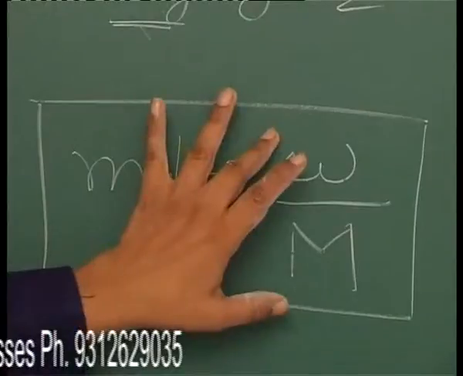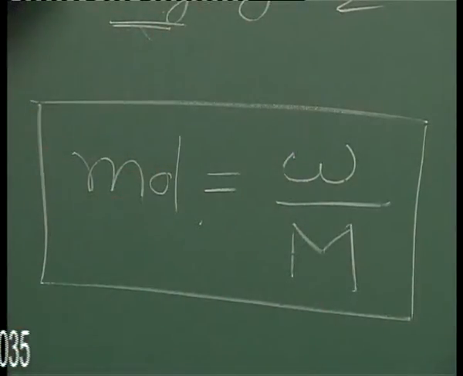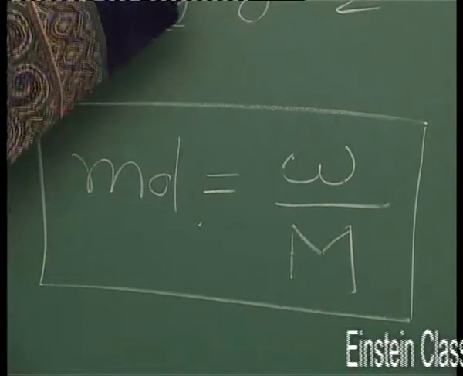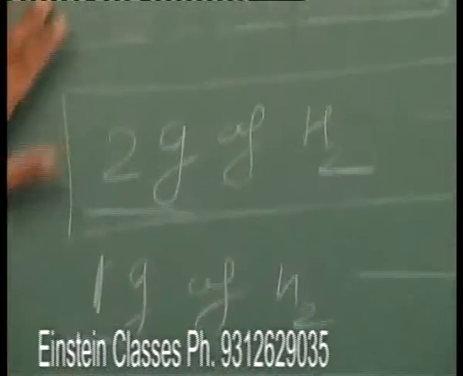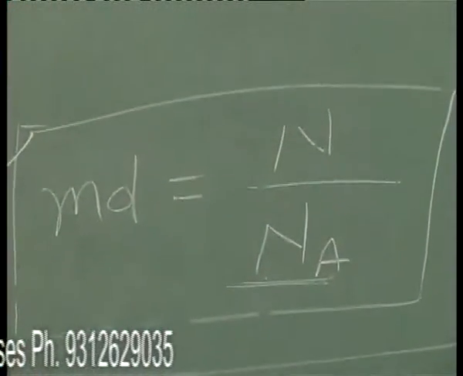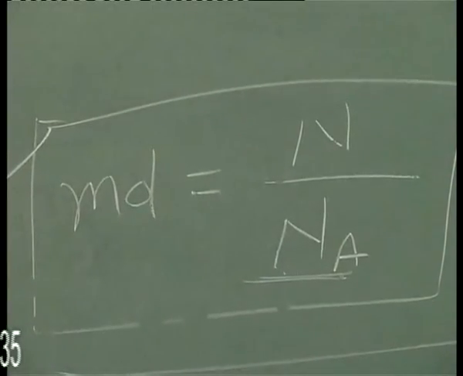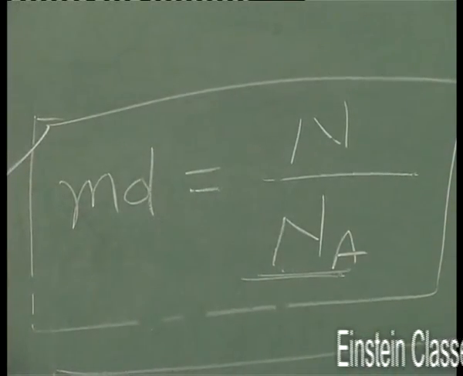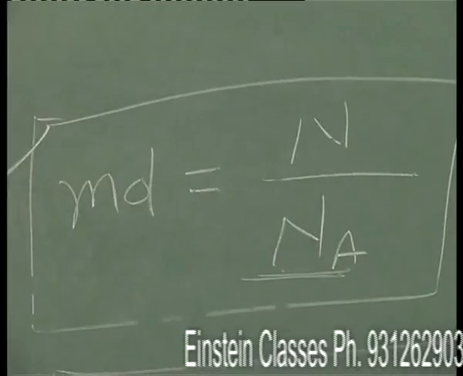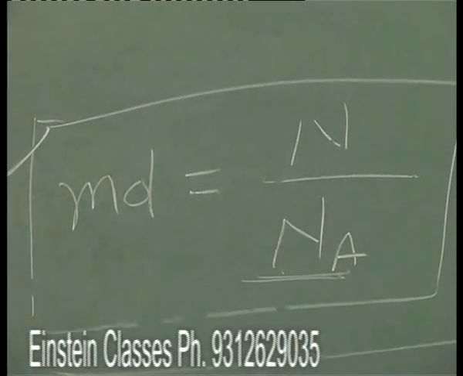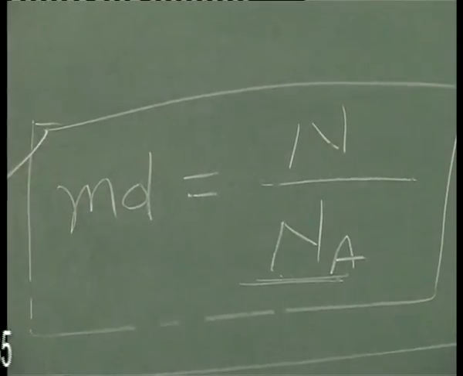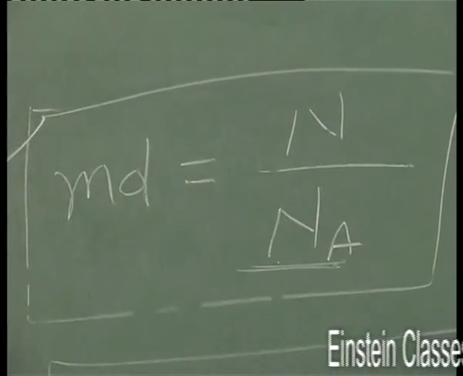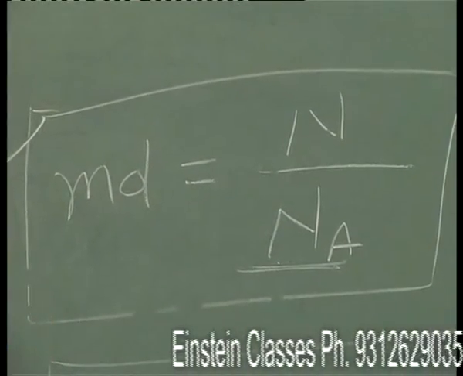Mole is equal to given mass by molar mass, and similarly mole is equal to given number of atoms by Avogadro number. With the help of these two relations we can solve a little more complicated problems also. Like if we need to calculate the mass of 10 helium atoms in a container, then we need to use these two relations.